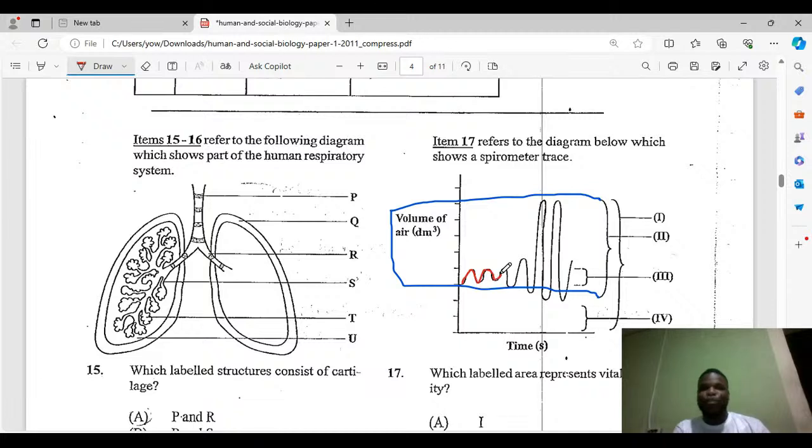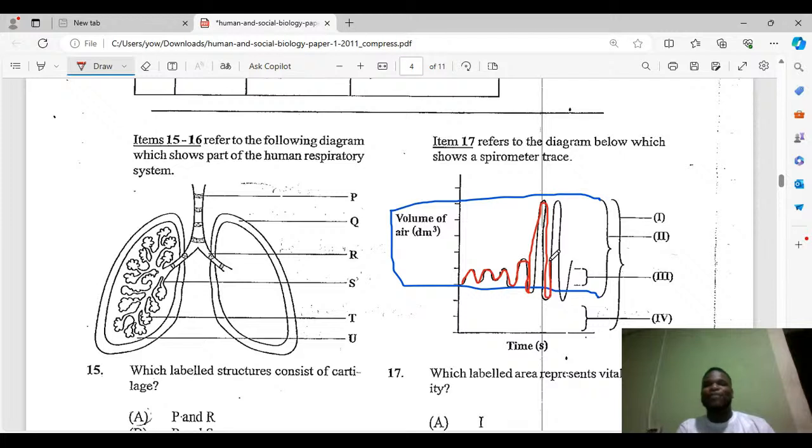This is normal breathing. Now we see here where you ever got the doctor to ask you to breathe in and breathe out, because they want to test your vital capacity. That's why the doctor makes you breathe in and breathe out so they can hear what goes on. So in a breathe in and breathe out, we can see that this is your vital capacity. How much air you can breathe in and how much air you can breathe out.